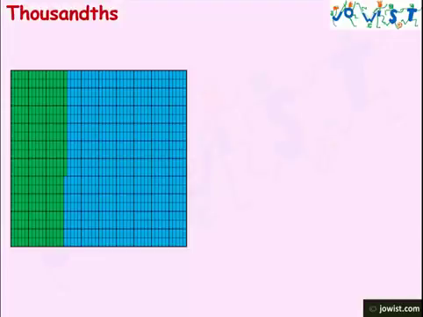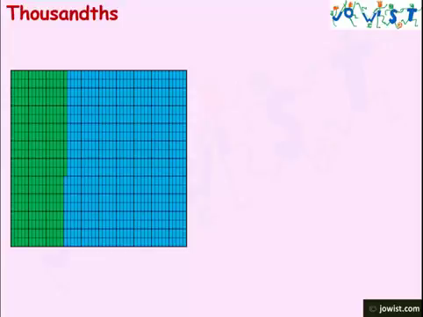Look at this square. Again, it is divided into 50 columns and 20 equal rows, making it 1000 small rectangles. Out of 1000 small rectangles, 312 rectangles are green. 15 complete columns are shaded green, which makes 300 small rectangles.